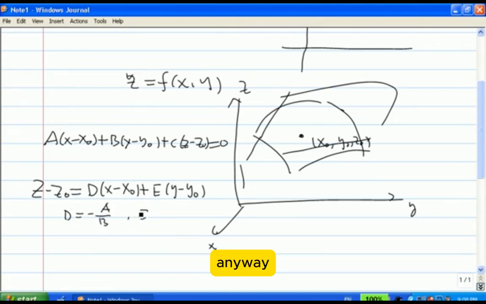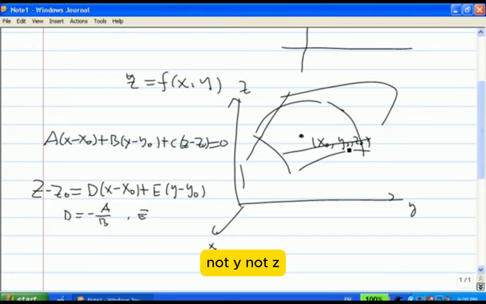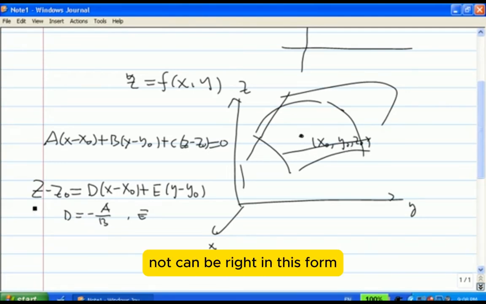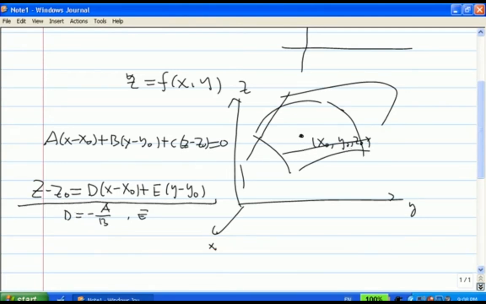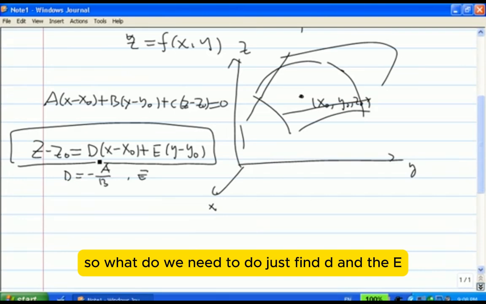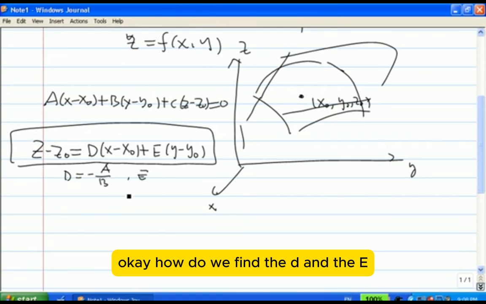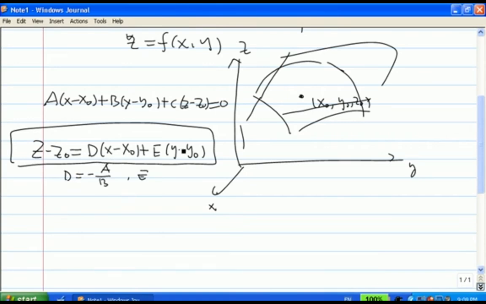So any equation of a plane passing through the point x0, y0, z0 can be written in this form. So what we need to do is just find d and e, then we find the equation of the plane. How do we find d and e?